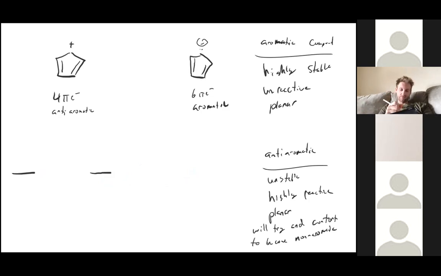So here we have a 5-membered ring, and you're always going to have a pattern where you have 1 on the bottom, and then you'll have pairs until you hit another single or you run out of pairs. It's a 5-membered ring, so we'll have 5 bonding orbitals.